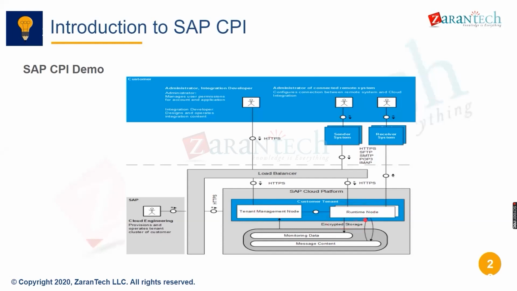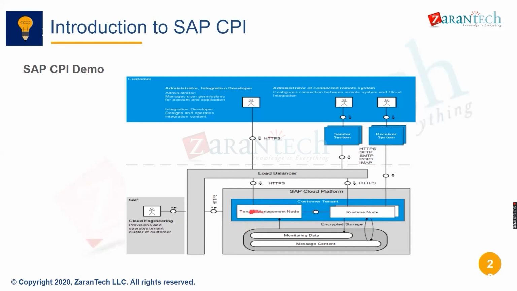Then the runtime node. If I send some data, this runtime node acts as a temporary database. Whenever you use any mobile application, we have two sides: one is the front end and one is the back end. The software is the back end and the front end is the UI, the displaying screen.